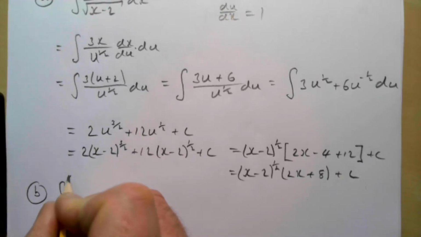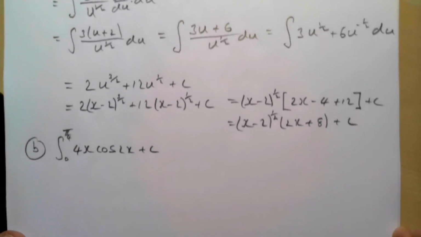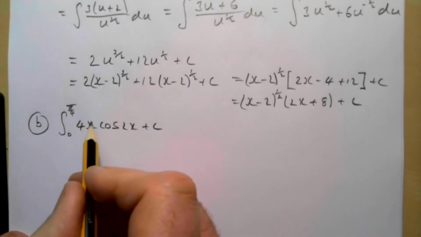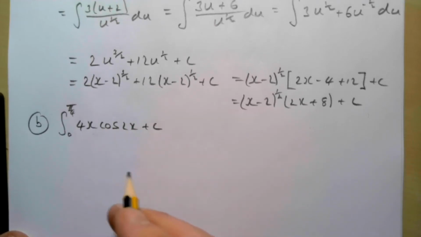Integral between pi over 4 and 0 of 4x cos 2x. I hope most people can see this is an integration by parts, where this is going to be our u and this is going to be our dv by dx.